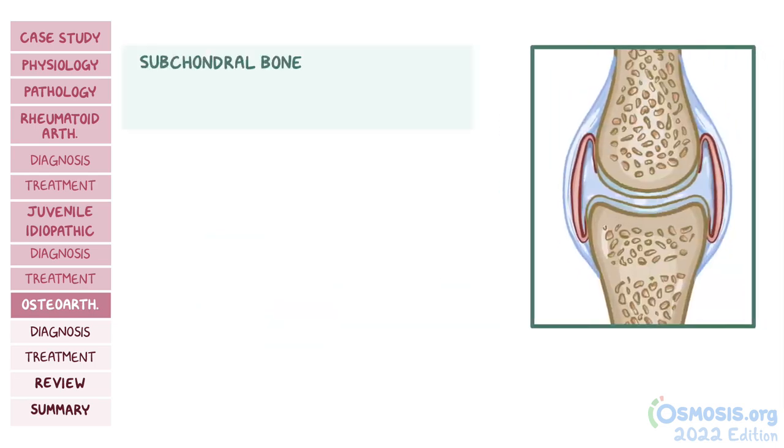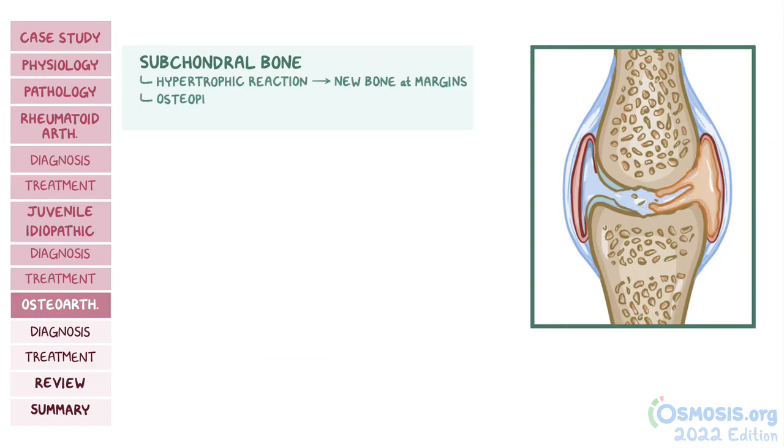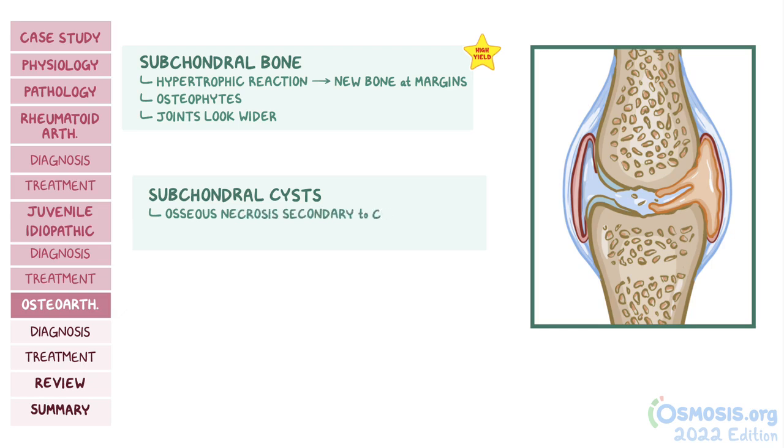Now, the subchondral bone reacts to the articular damage by causing a hypertrophic reaction that leads to new bone formation at the joint margins called osteophytes, which make the joints look wider. The traumatized subchondral bone may also develop subchondral cysts, which are attributable either to osseous necrosis secondary to chronic erosion or to the intrusion of synovial fluid.